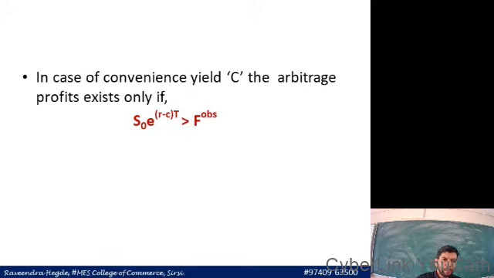In case of convenience yield, say C, the arbitrage profit exists only if S naught e raised to (R minus C) into T is greater than F_obs. So you remember this formula.